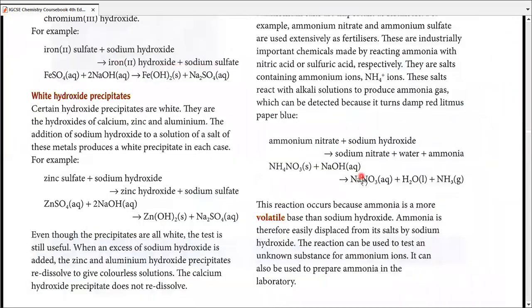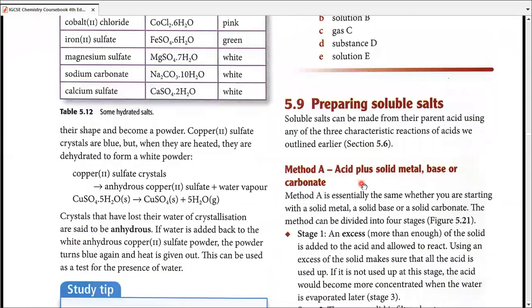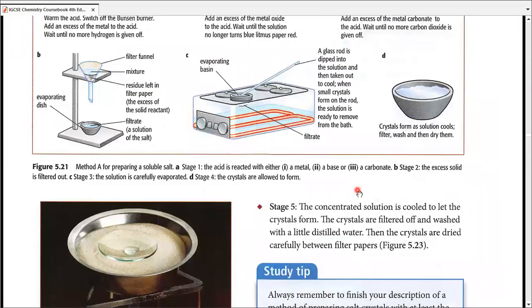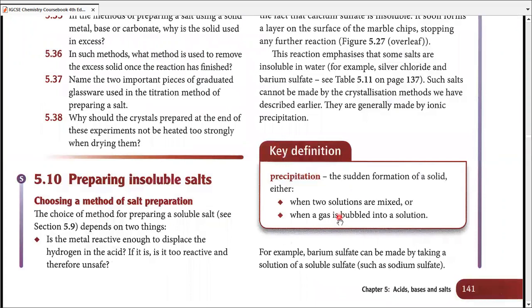So this is one of the precipitation reactions, the only scenario in the book where we pass the gas through a solution, it precipitates and gives you a different appearance. So for the second possibility, we have only one scenario. For the first possibility, we're going to discuss some cases.